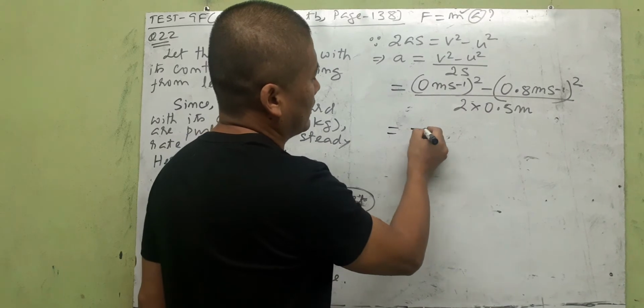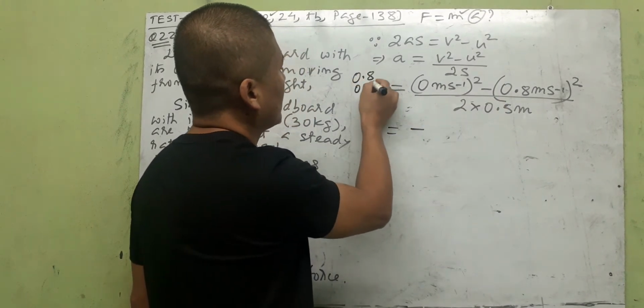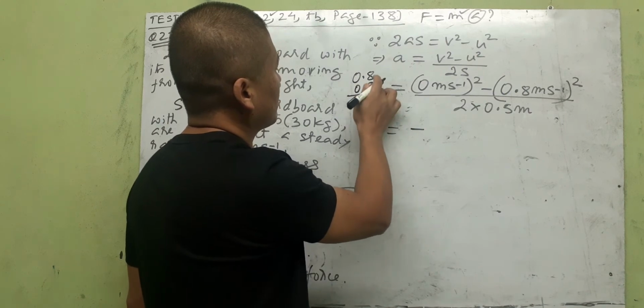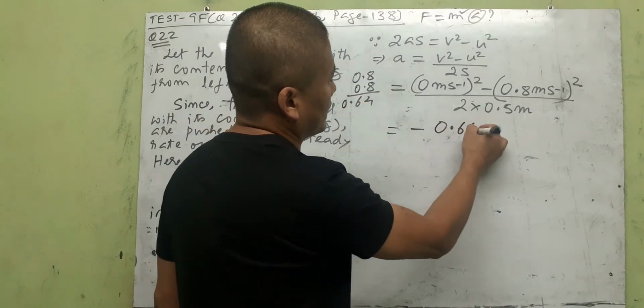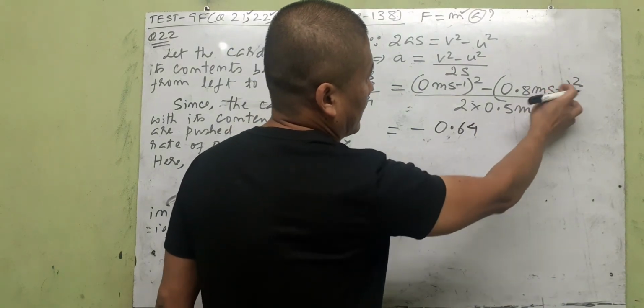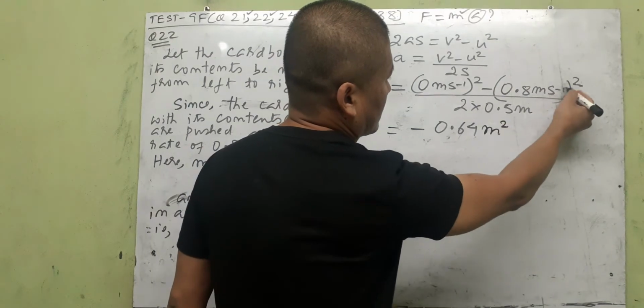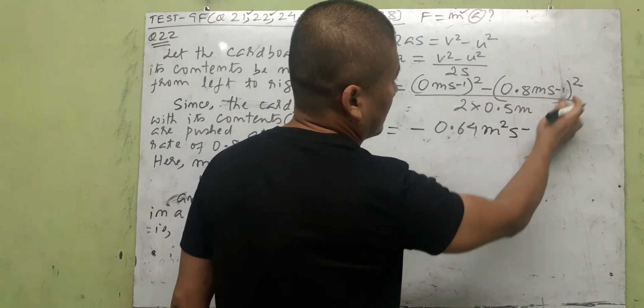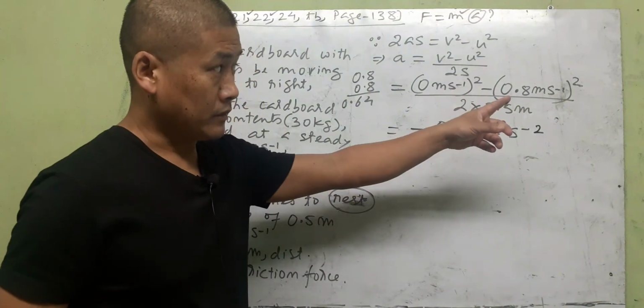Minus, now 0.8 squared is 0.64, and the square power comes to the meter also, so meter squared. That's how we deal with the powers: multiply the outside power to the inside.